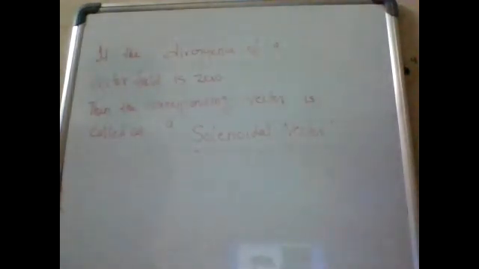So if the divergence of a vector field is zero, then the corresponding vector is called a solenoidal vector.